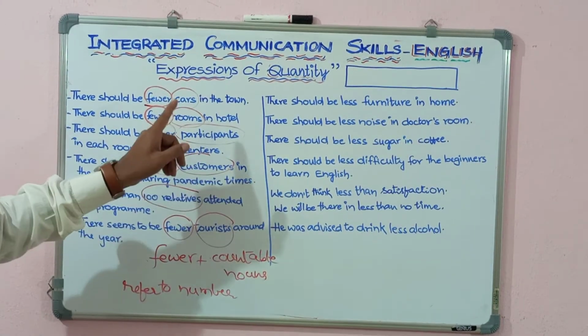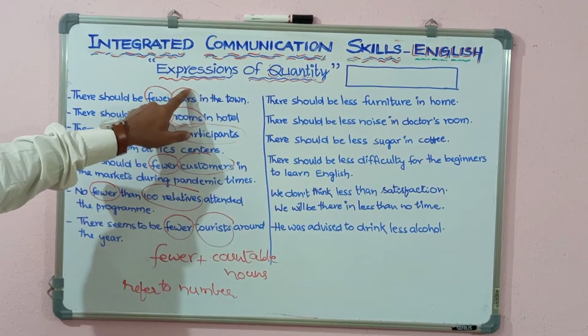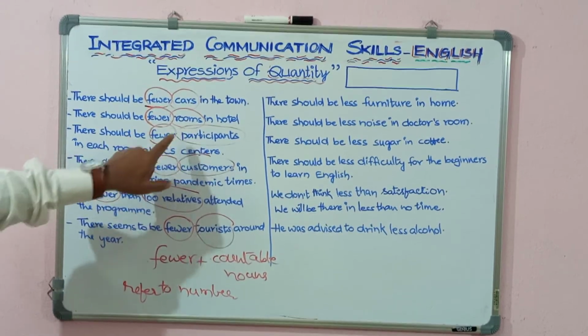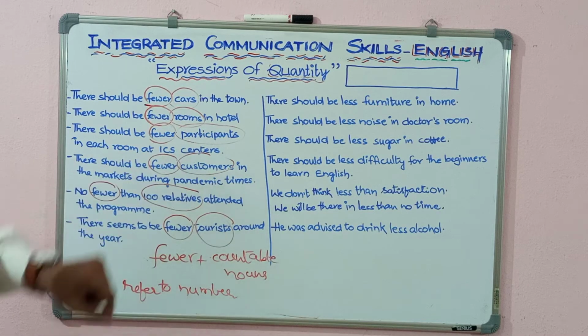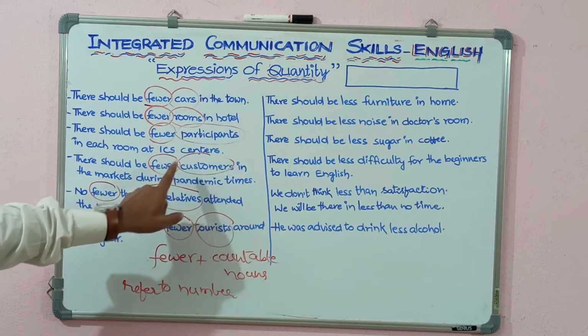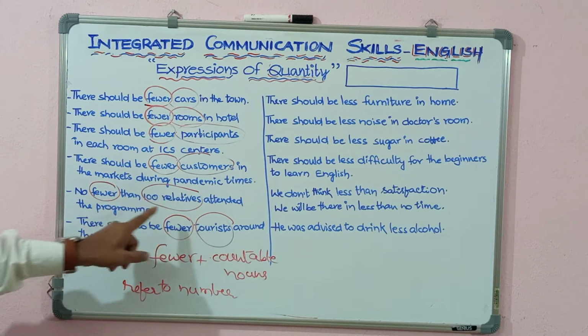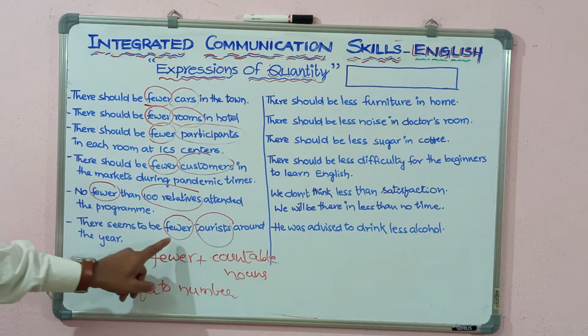And if you observe keenly, fewer plus plural countable nouns. Fewer rooms, plural countable noun. Fewer participants, plural countable noun. Fewer customers, plural countable noun. Fewer relatives, countable noun plural.